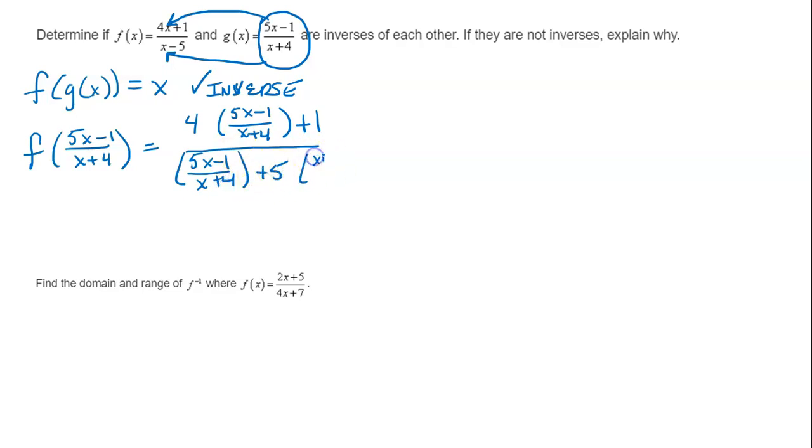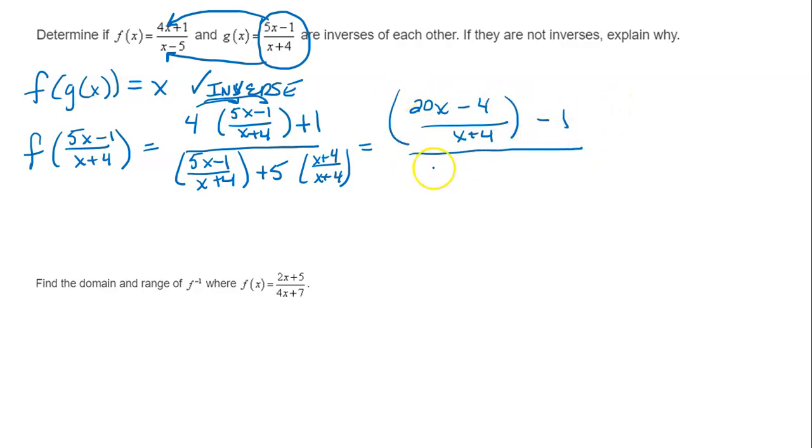I'm going to multiply this by x plus 4 over x plus 4, so we have a common denominator, and I'm going to distribute this 4. So I get 4 times 5 is 20x, 4 times -1 is -4, over x plus 4, all of that, minus 1, over 5x minus 1 plus 5, minus 5.